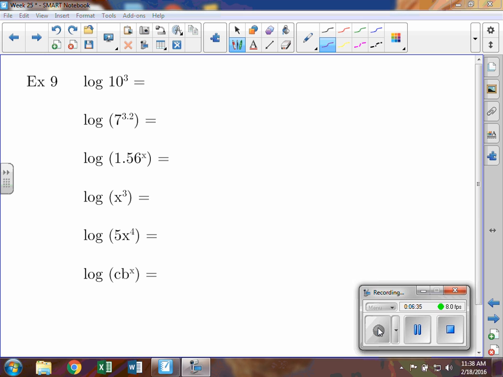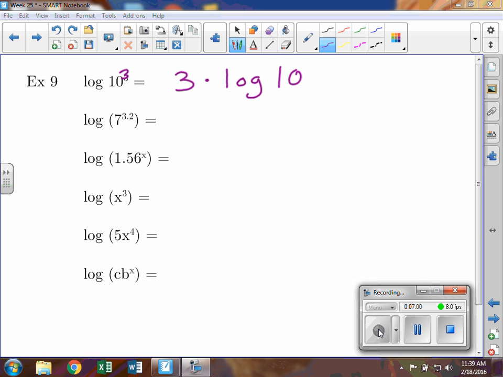Our third exponent rule, our third logarithmic rule, had to deal with a power to a power. And what we noted, when we have an exponent, we can bring the exponent down and turn it into multiplying. Why wouldn't it be the log?